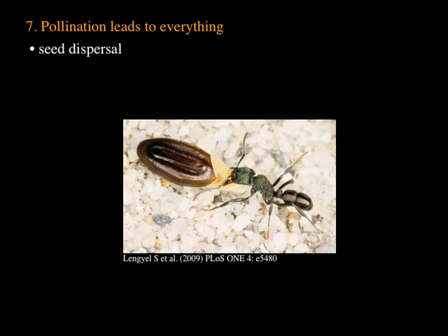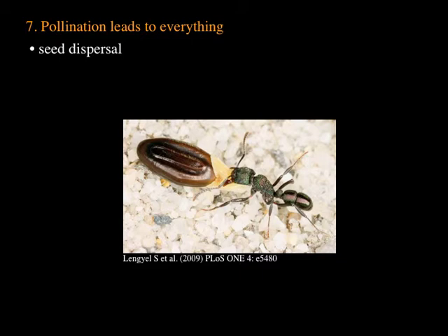It could be that pollination is really responsible for lots and lots of initial divergences in lineages. It makes things a lot different from one another, kind of like sexual selection makes things a lot different from one another too. And seed dispersal, not so much. That initial cutting edge of divergence business, with seed dispersal, not so much. Nevertheless, seed dispersal can become really, really important as a key innovation.